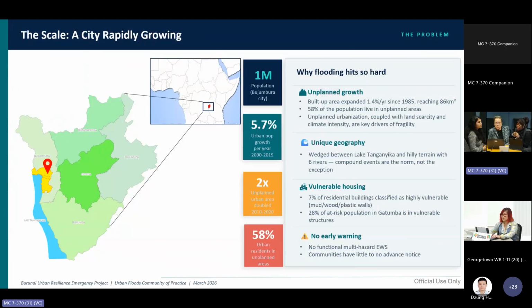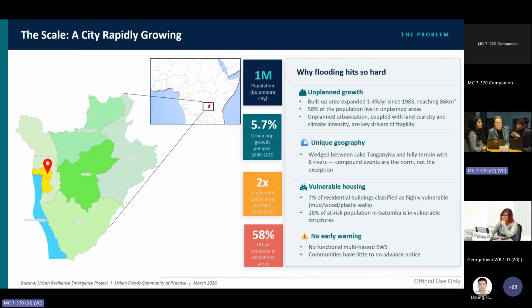Now, the city itself is growing rapidly, and a large share of that growth is unplanned. More than half of the population is living in informal areas, often in flood-prone zones, and at the same time, the city is physically constrained between the lake and steep terrain, with multiple rivers draining through dense urban areas.